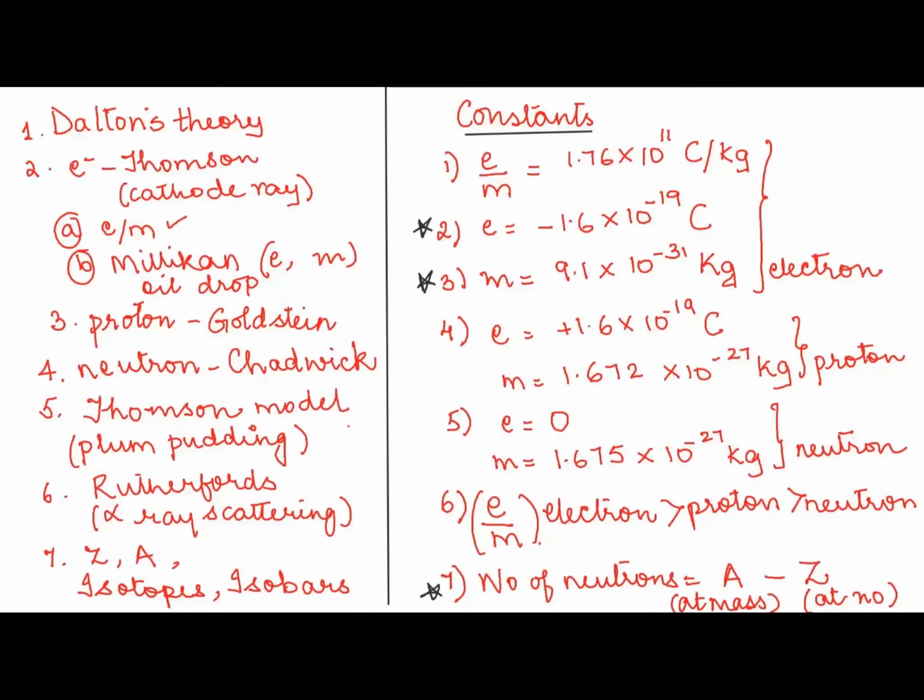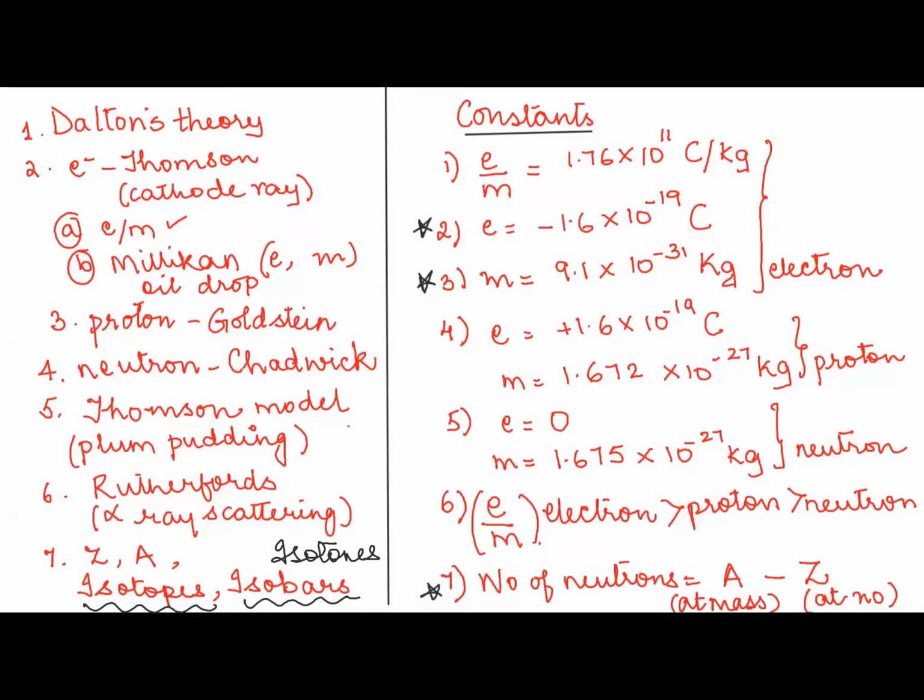Coming to the definitions, I think you all know that isotopes are atoms having the same number of protons. Isobars are the atoms having the same mass number. That is, they have the same number of nucleons. And there are isotones, which have the same number of neutrons.